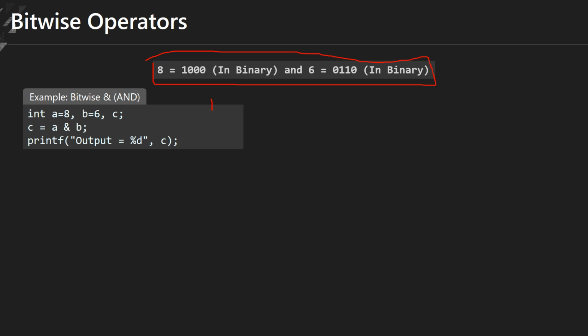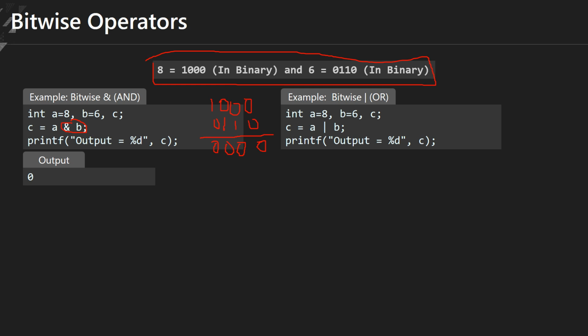If you take 1010 and 0110, the operator used here is the AND operator. As per our condition, when both are 0 it is 0, and even if either one is 0, it is 0. So the output is 0010. Similarly, for the OR operator.